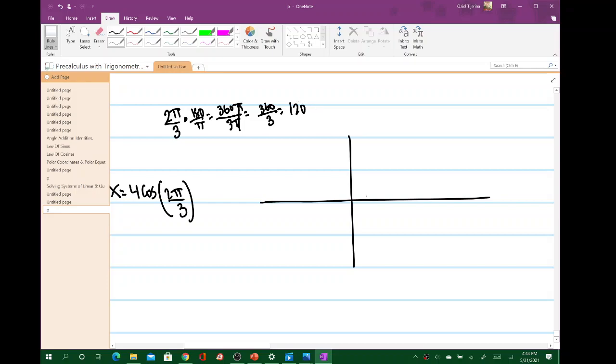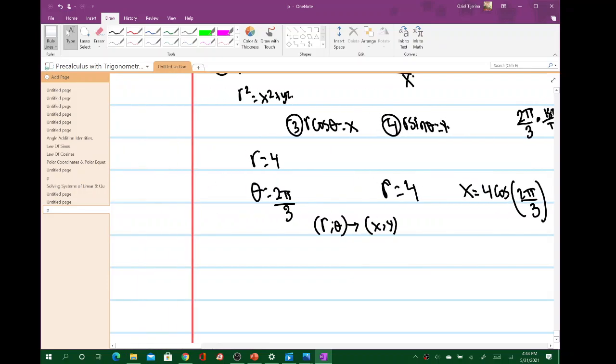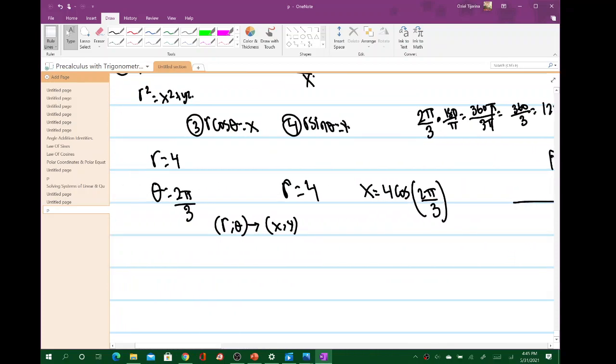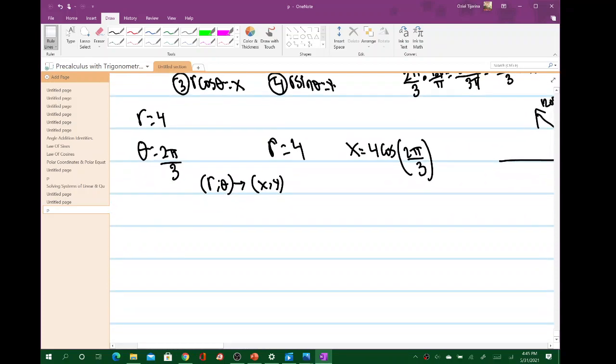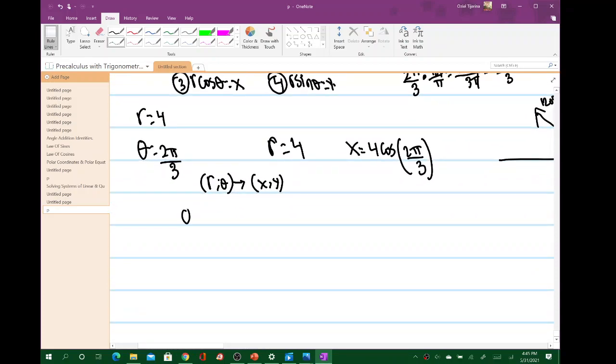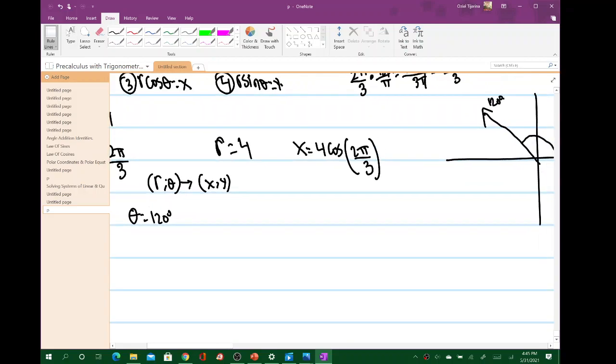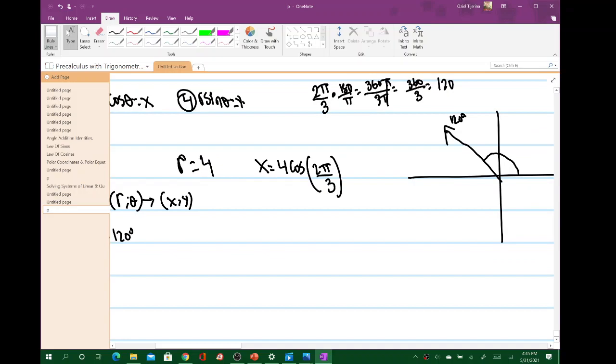So in the unit circle, this is 90, and 120 is about over here, right? So that's where 120 is. Theta is 120 degrees.